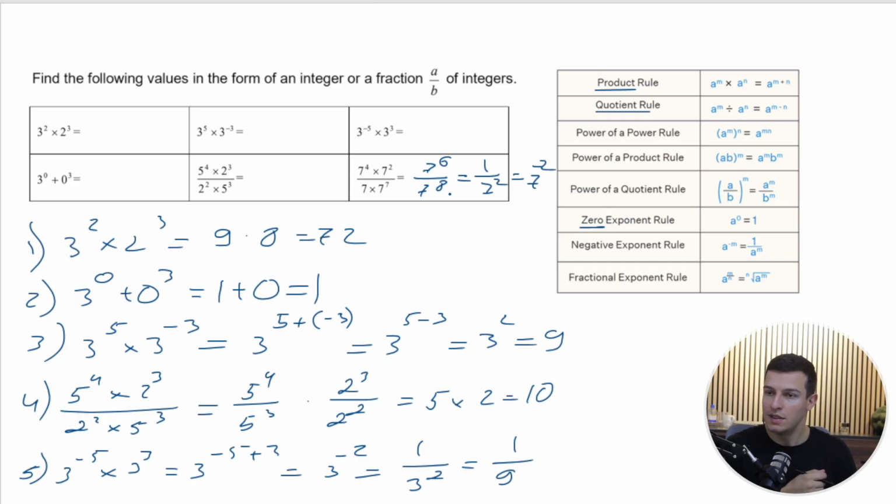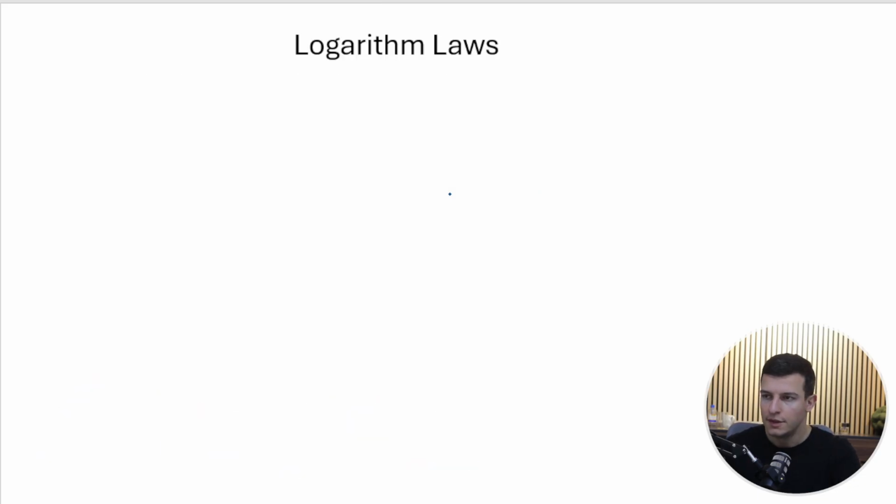Now let's move into some log rules. So, again, like we said, logs are undoing what exponent does. So the very basic thing in log is this: log base A of B equal to C. I always tell my students to remember this one, understand this one, right?